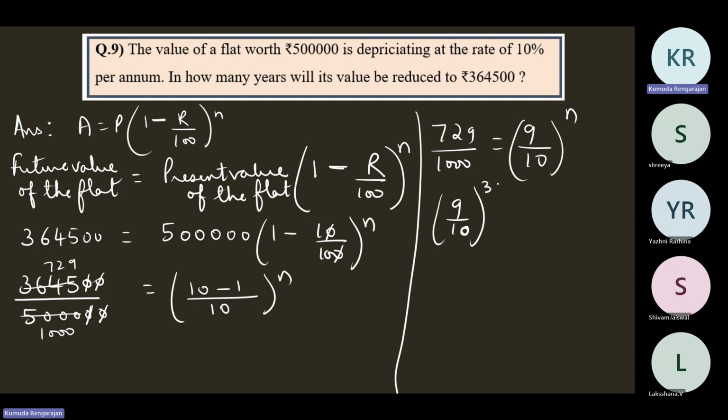So 9 by 10, the whole cubed, that is 9 by 10 into 9 by 10 into 9 by 10, will give you 729 by 1000. So we've just written 729 by 1000 in the exponential form with the base 9 by 10.